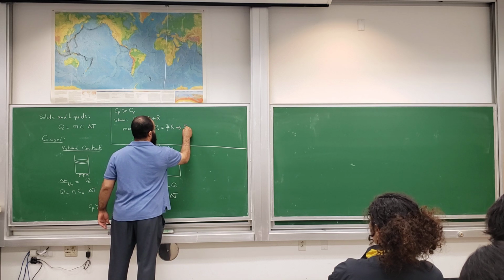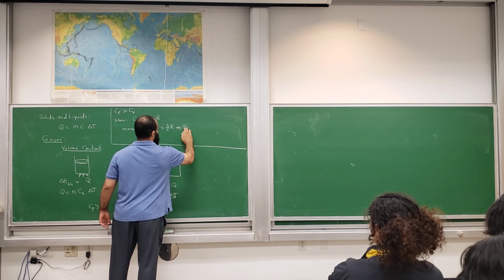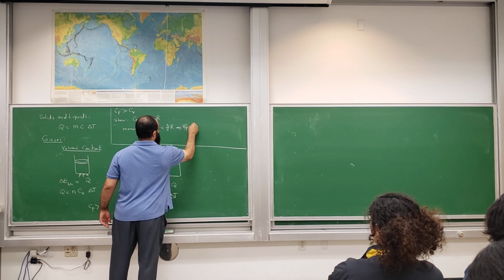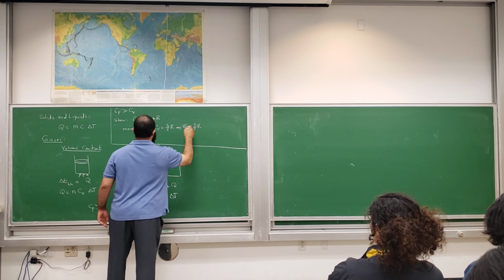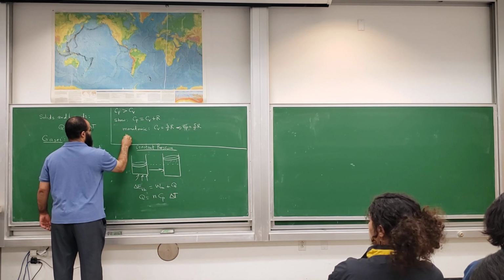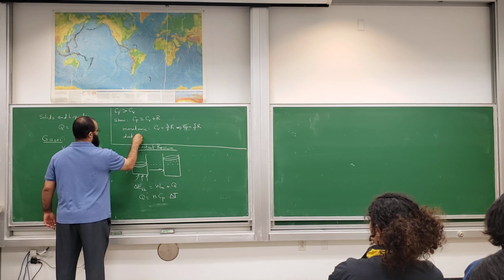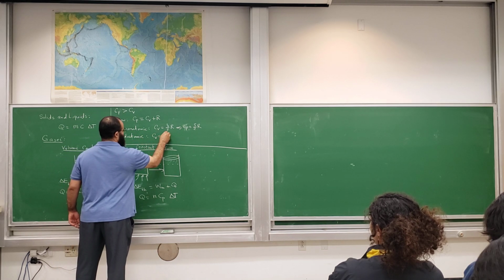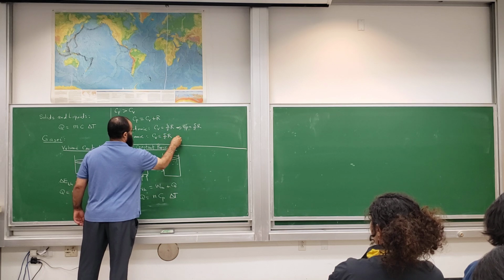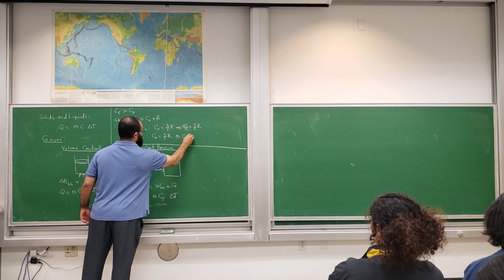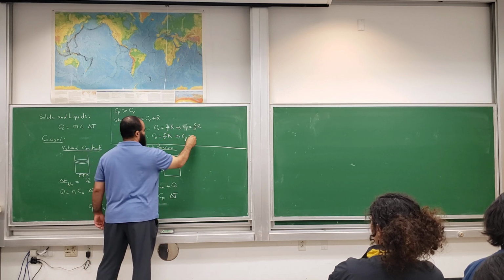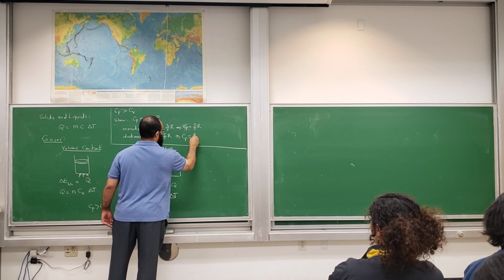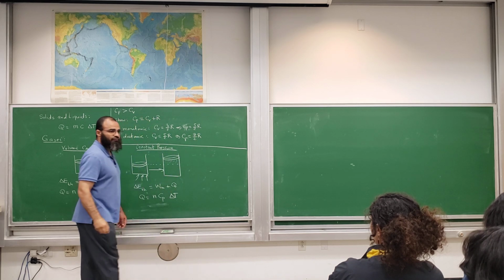So Cp is 5/2 R. For diatomic, Cv would be 5/2 R, and therefore Cp is equal to Cv plus R, and so that's going to be 7/2 times R.